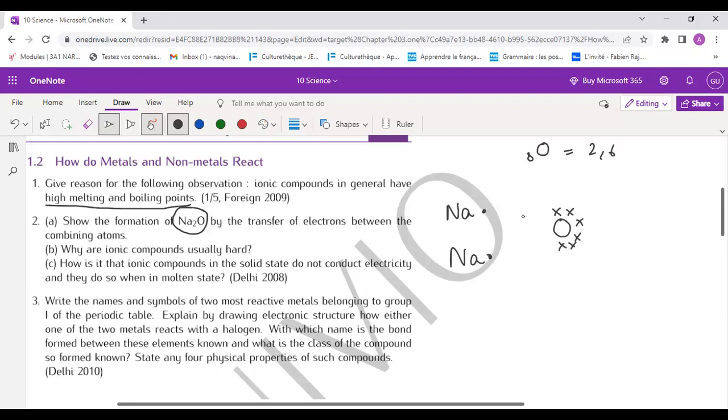So one sodium atom will donate its electron, and another sodium atom will also donate its electron. So we will have 2 Na plus and O2 minus. Oxygen has gained 2 electrons, the number of electrons has become 8 now, and it has gained a 2 minus charge. So it will become Na plus whole twice and O 2 minus. Is it clear?